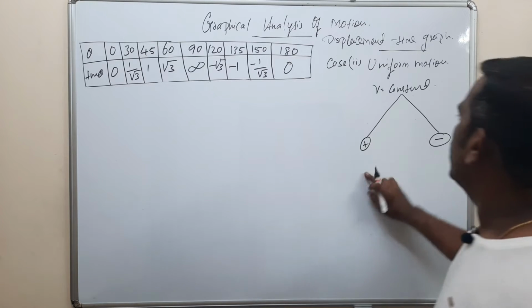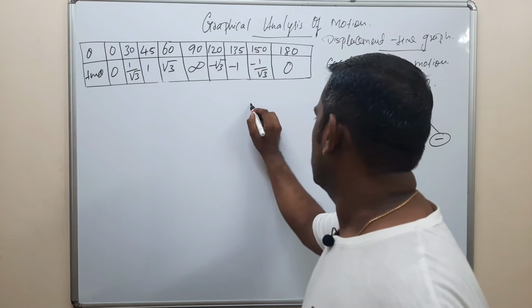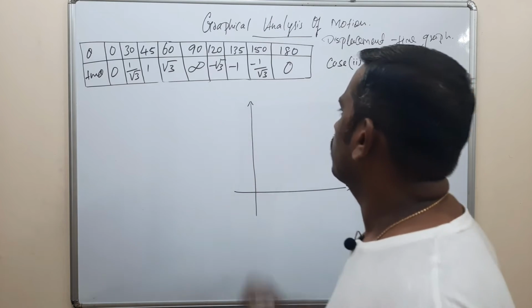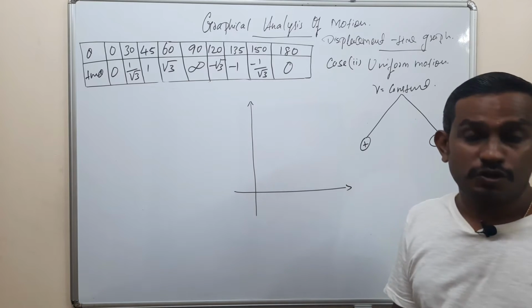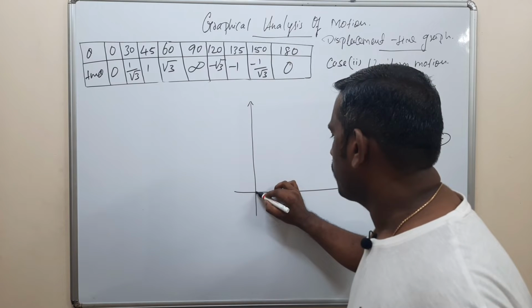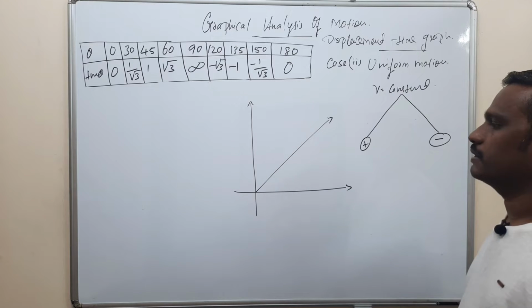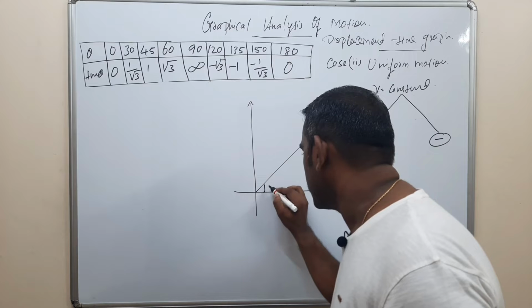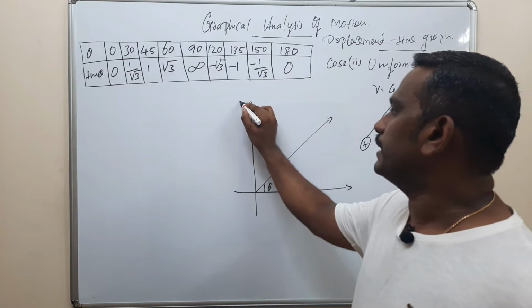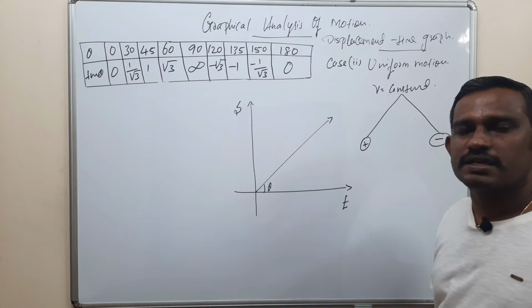So first case, velocity is equal to constant and positive. So the displacement time graph. The slope of the displacement time graph gives the velocity.